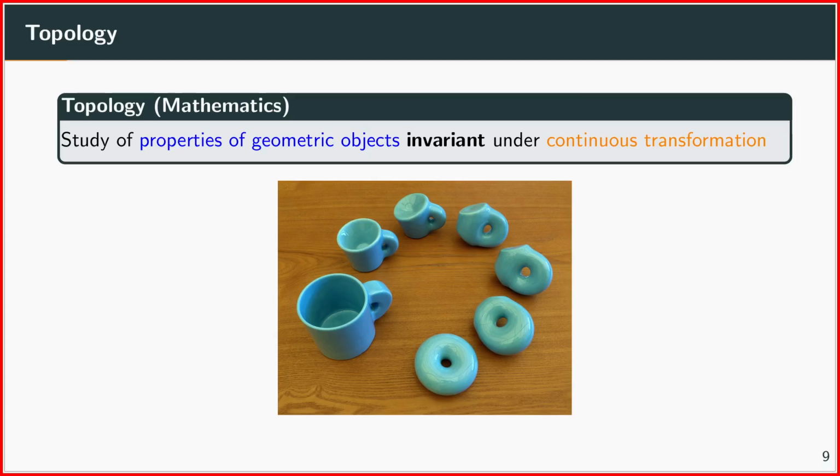Those two objects are equivalent for topology because you can transform this donut by bending and deforming it into this coffee mug in several steps. In topology, you would study what properties of those objects remain invariant under this transformation. One of those properties is, for example, the hole in the donut, which remains over all the transformations and which also remains in the coffee mug. So that is how you approach topology from mathematics.